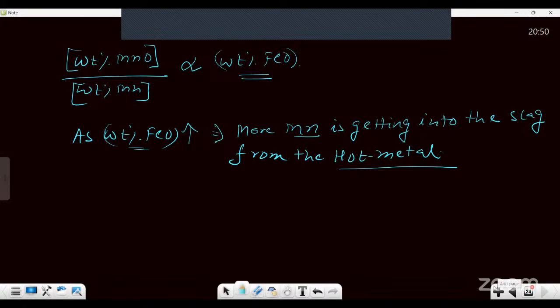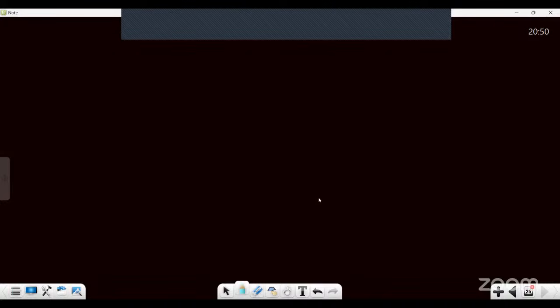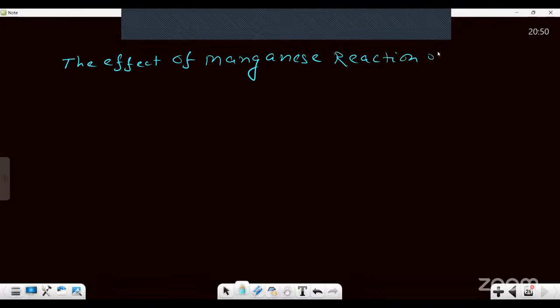And now we will see what is the effect of the manganese reaction on the basicity of the slag.